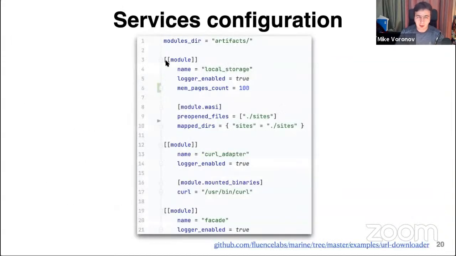Okay, and so this slide is an example of our service configuration. On the previous community call, we had a great workshop devoted to developing Aqua Ethereum download services. And here you can see an image of the config file from the previous workshop. Here you can see a service composed of three modules.